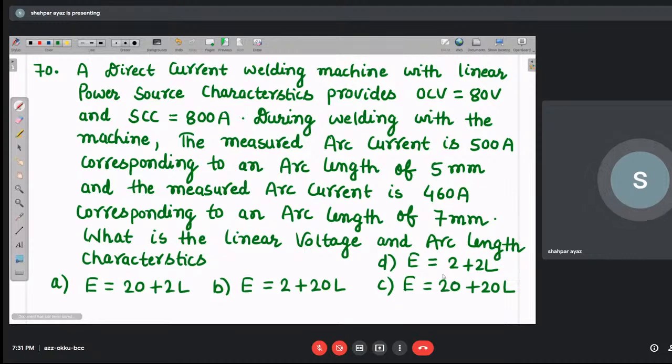Find out, guys. Here in this problem, what we have to find out? We have to find out the relation between voltage and arc length. OCV and SCC are given. Current and corresponding arc length are given. So this is also a very beautiful problem.